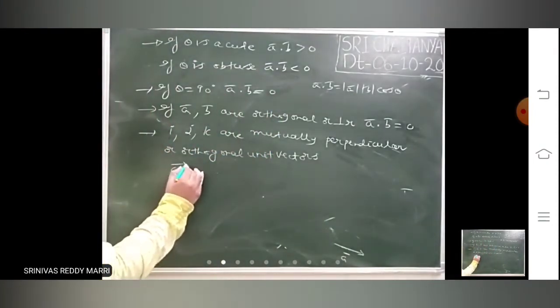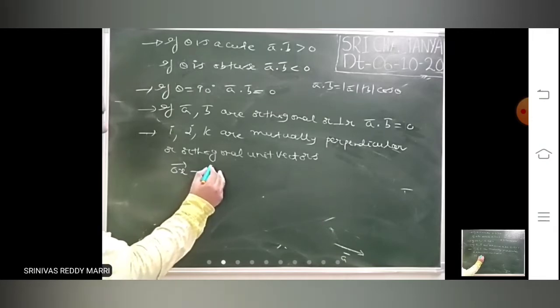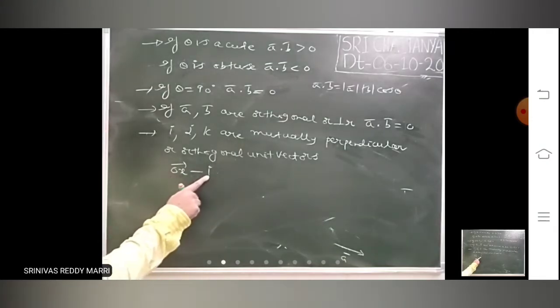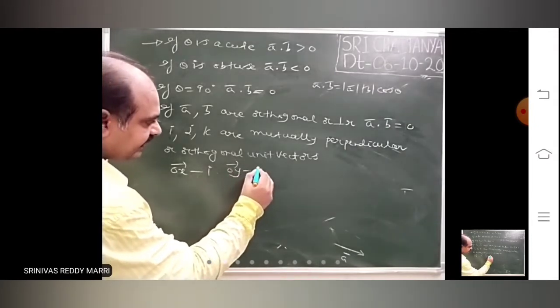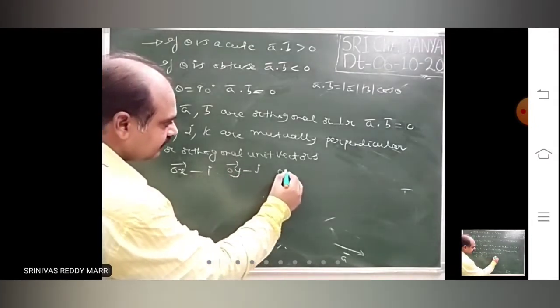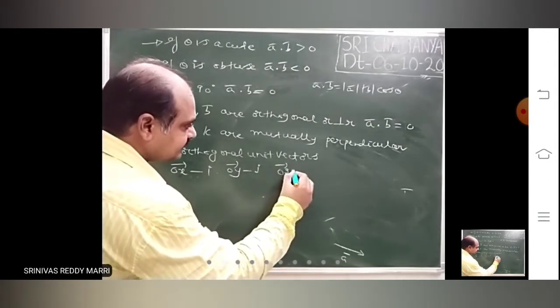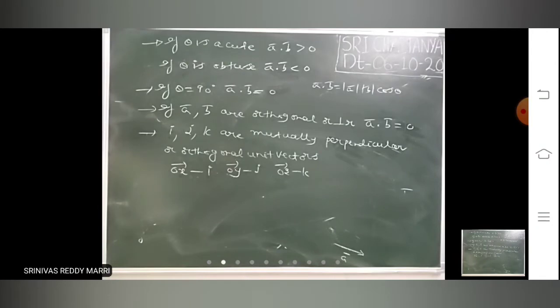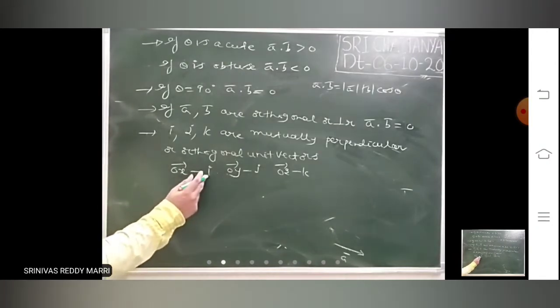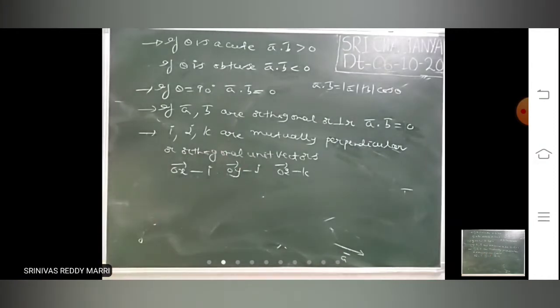Along the positive x-axis, I will be there. Along the positive y-axis, J will be there. Along the positive z-axis, K will be there. These are mutually perpendicular lines, so if you take any two, they will be perpendicular.